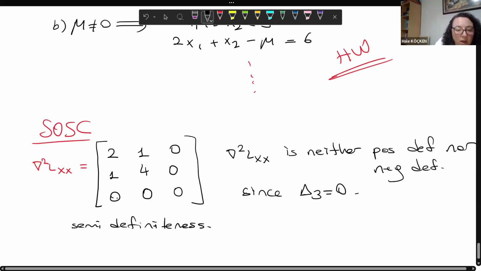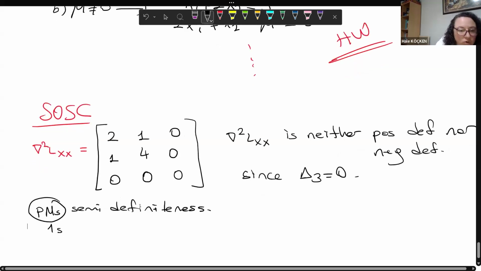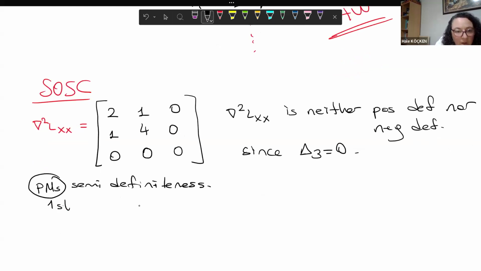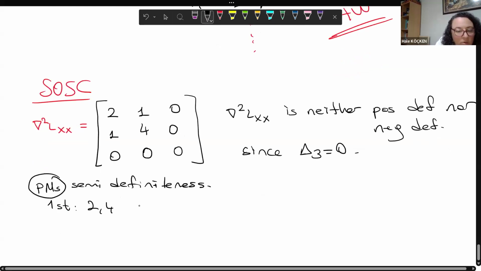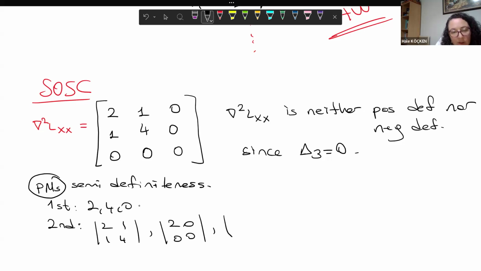Let me check. First order means that I need to write the principal minors, okay? First order PMs: 2, 4, and 0. Second order: 2, 1, 1, 4; 2, 0, 0, 0; and 4, 0, 0, 0.